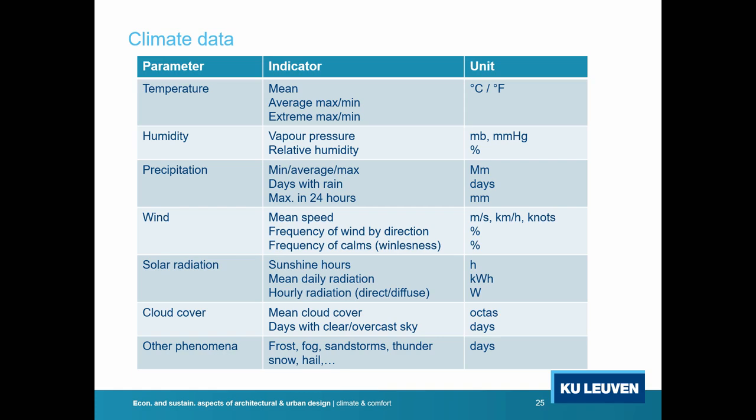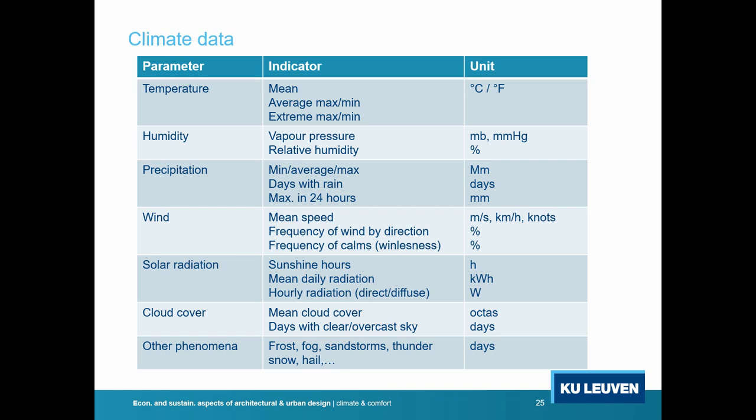And sometimes you find data about cloud cover, but that's really rare. So not many locations really measure cloud cover, so they typically give information about direct and diffuse because it's easier to measure, but then you can, from that, learn what it means regarding the cloud cover. So it's related. And then you can also have days of sandstorms or fog, frost, and so on.